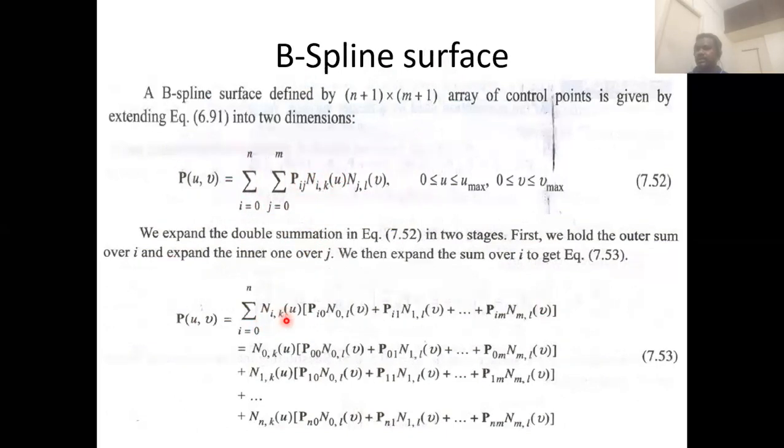Wherever j is found, substitute the j value as 0 initially, then 1, like that. It is completely expanded. Then i will be varying from 0 to n. You substitute, and you will get this expression. So writing these two expressions and the relevant information about the B-spline surface will serve the purpose.